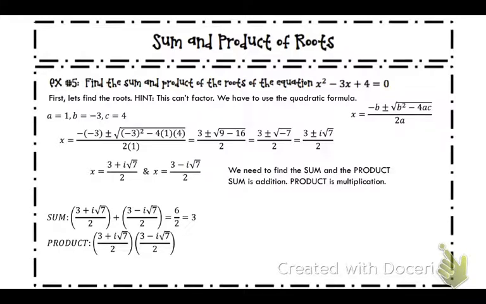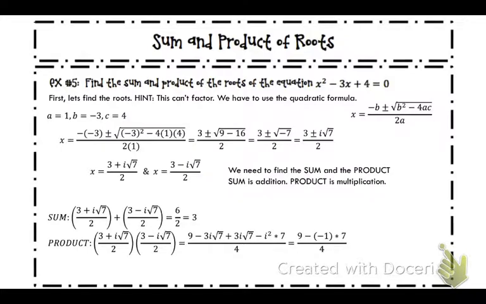If we find the product, you can just multiply this top using either the box or distribution. And you end up with 9 minus 3i√7 plus 3i√7 minus i squared times 7. Because i√7 times negative i√7, that's i times i, which is i squared, and the square root of 7 times the square root of 7 is 7.